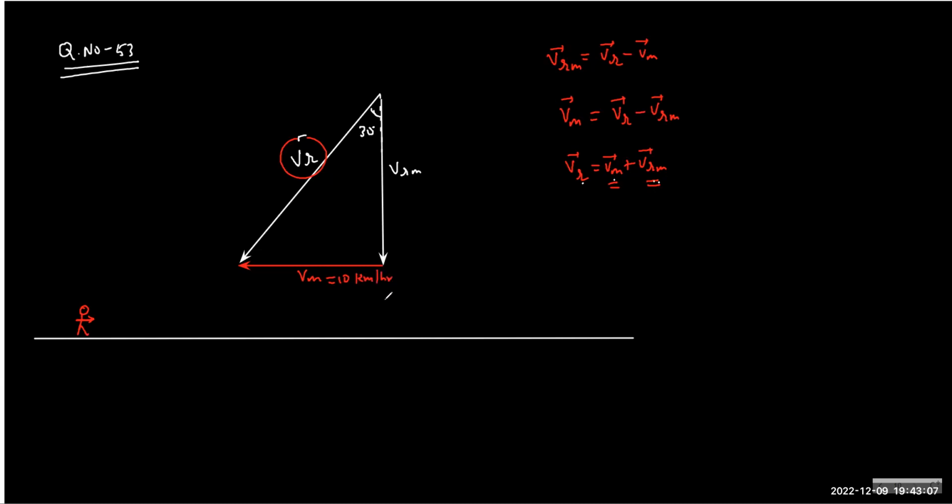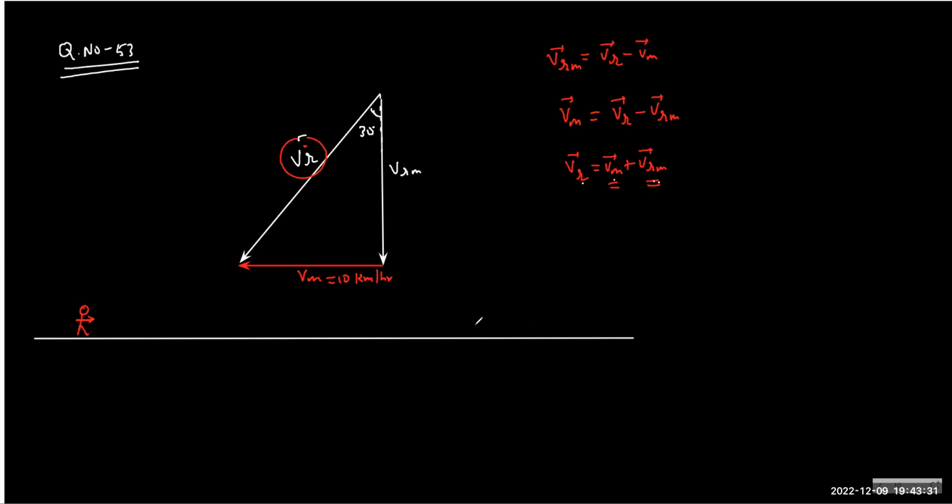What are they asking? Find the speed of the raindrops with respect to ground. They're asking VR, isn't it? Velocity of raindrops with respect to ground. This is VR. Yes or no?